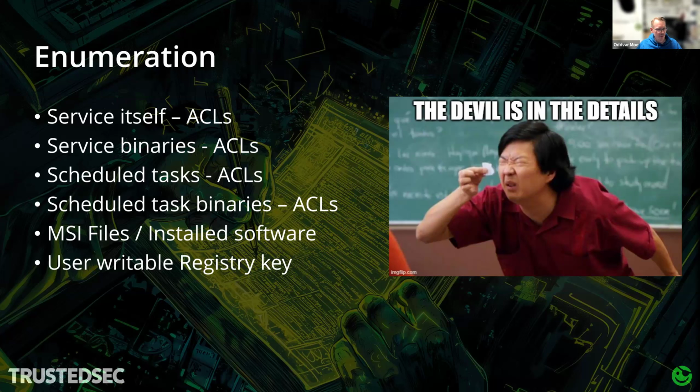So looking at what sort of MSI files are installed, that's something we'll look at an example of a little later. And also look for abnormal places you can change registry values and keys. Sometimes you will be surprised that you can actually write stuff in HKLM as a standard user, for instance. So there's stuff there to look at.